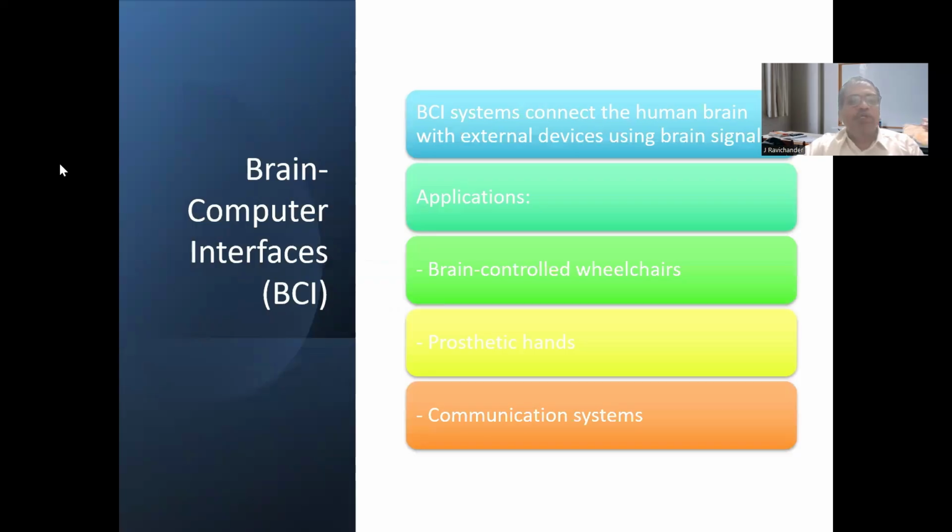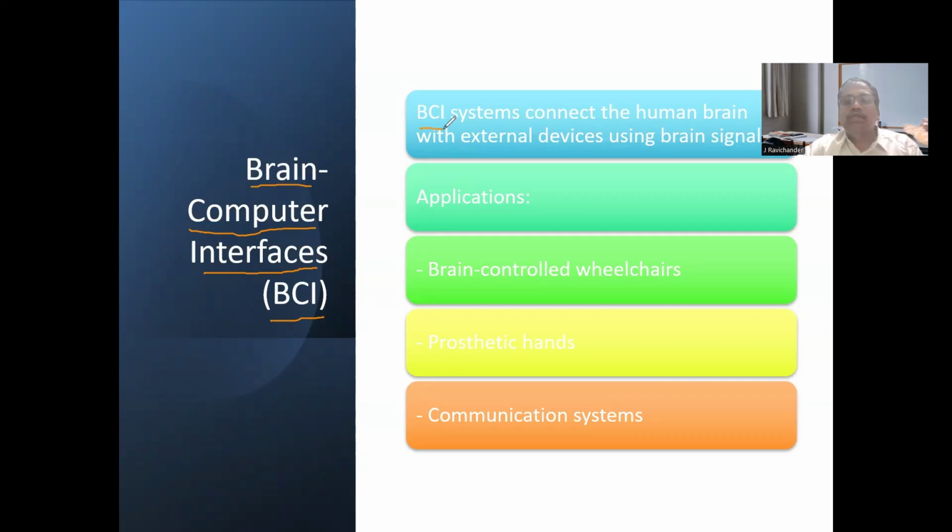The main emerging area is brain-computer interface. Cognitive science is interdisciplinary research, and brain-computer interface is one of the main research areas.